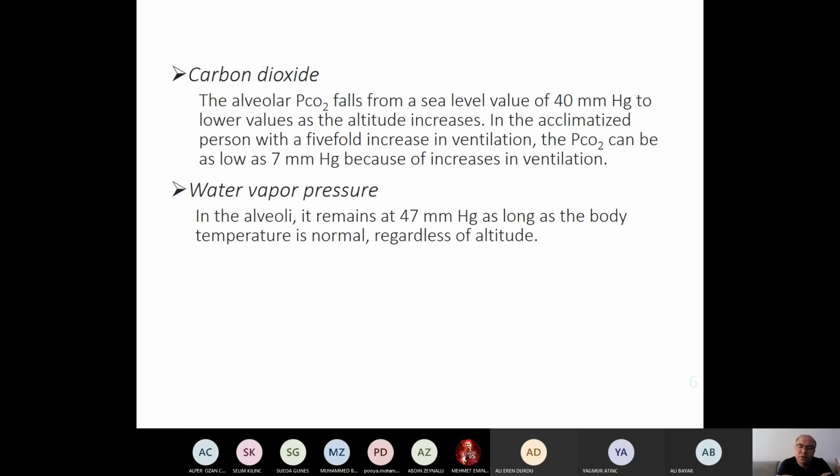We have learned in the regulation of respiration subject that carbon dioxide can cross the blood-brain barrier and enter the brain and then stimulate respiration, right? So when it goes to very low values, then respiration can be inhibited, okay?